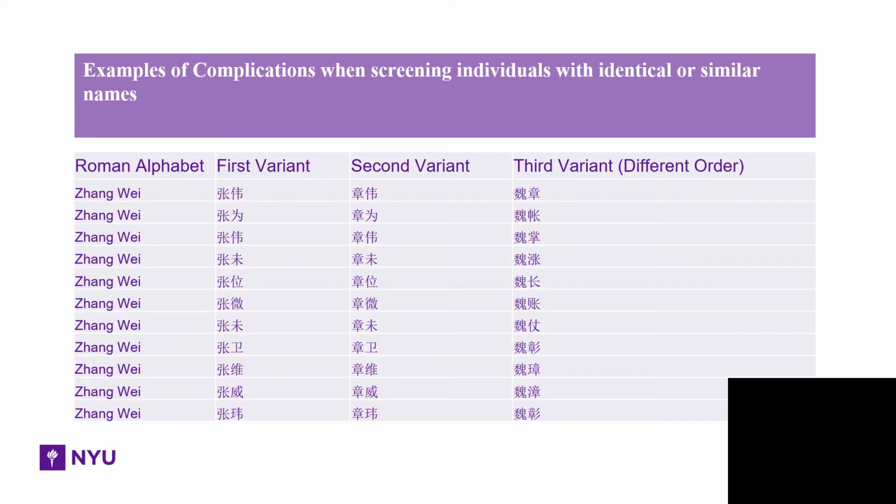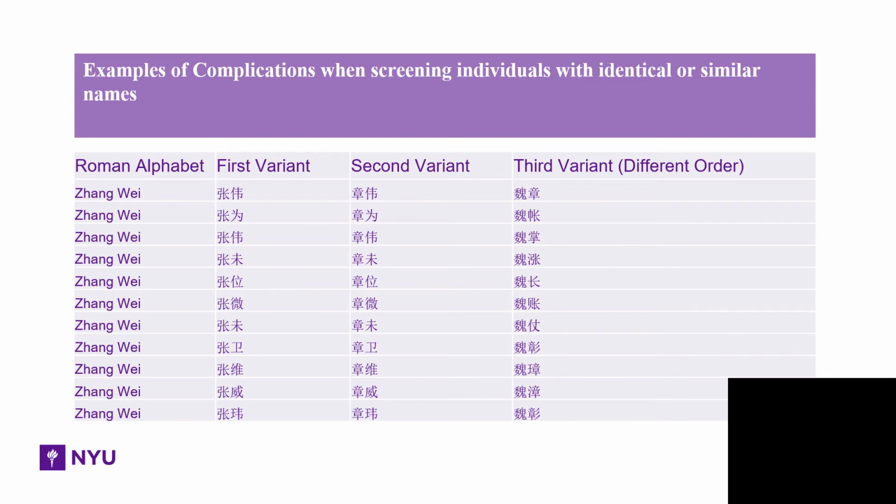Here's an example. Zhang Wei is probably one of the most common names in China. Over 200,000 people share the same name. And this name also has 3 different kinds of variants that possibly result in 33 variants. The first kind of variant is how the Chinese surname was written.